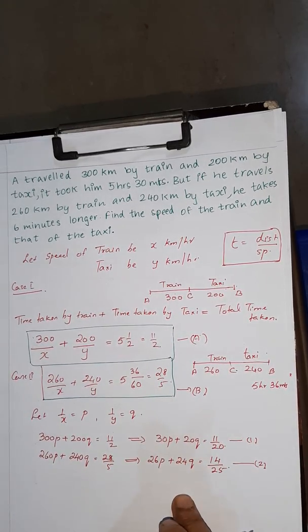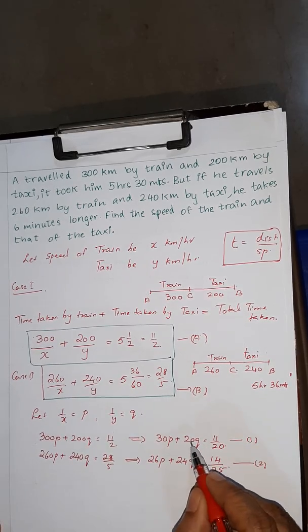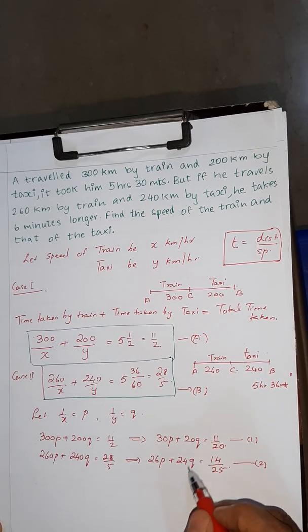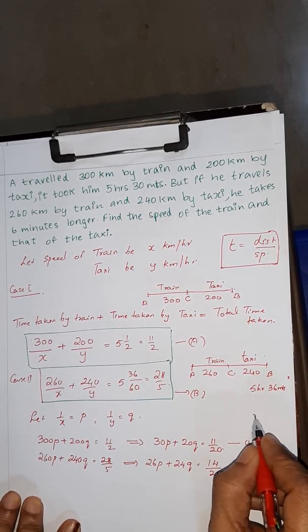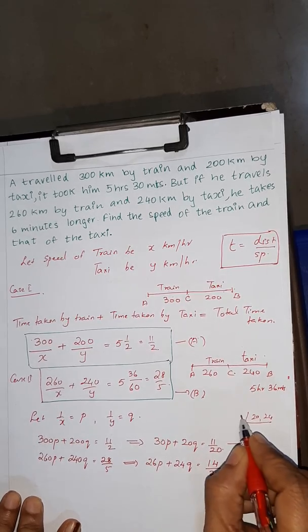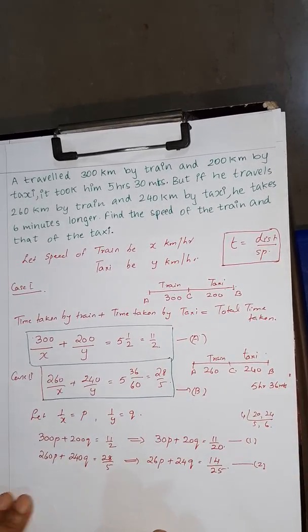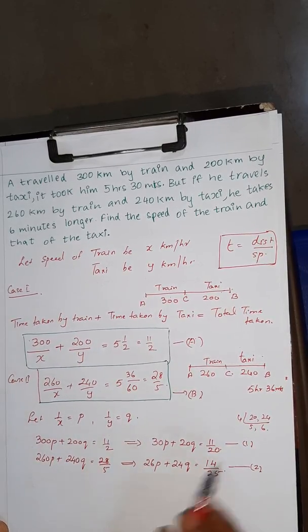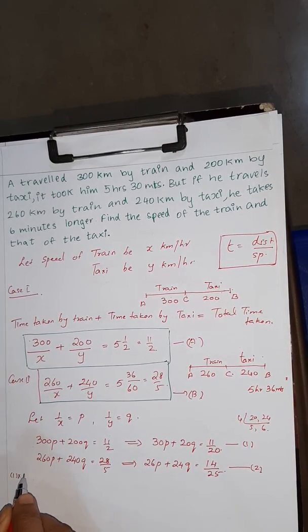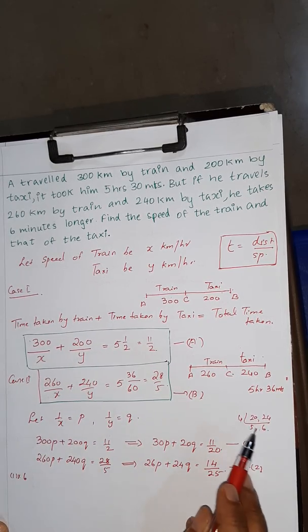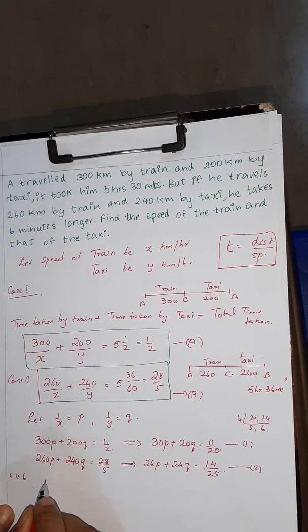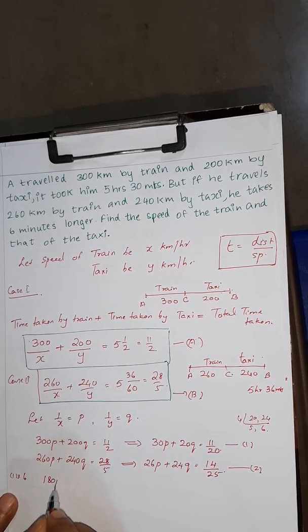Now, to solve this, I will make the coefficients of Q same. So, I will take the LCM of 20 and 24. So, I will multiply the first equation by 6 because it is 20. So, if I multiply by 6, this will become 180P plus 120Q is equal to 33 by 10.